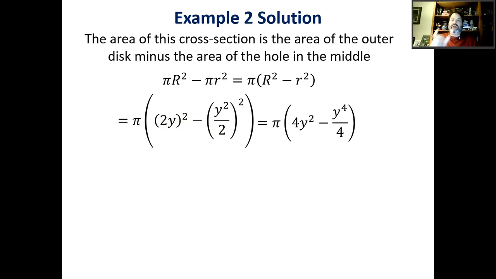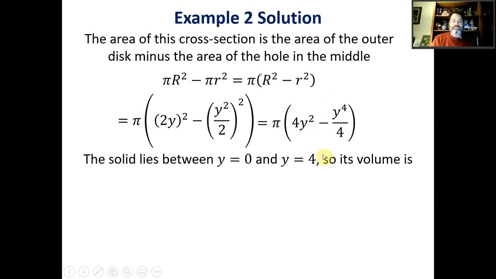Now we're ready to do the integral. So what we're doing is we subtracted the areas, and we're just going to do the integral on what we've already subtracted. The solid lies between y equals 0 and y equals 4. We found that earlier when we did the intersection points.